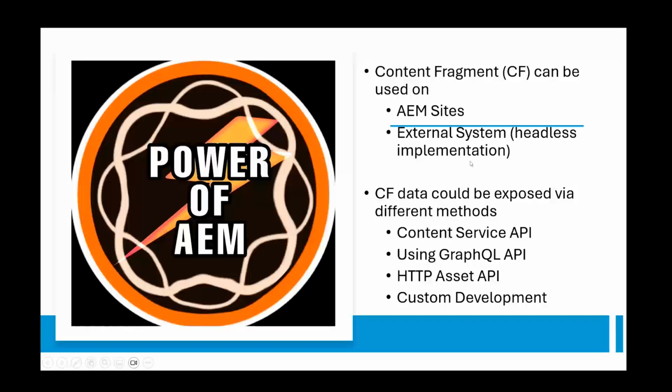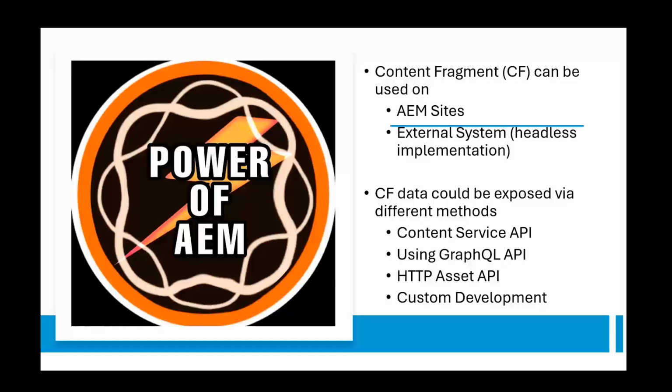In case you are placing all the content on your AEM site and you want to repurpose the same content or share it with the external system, in that case, you can think of Content Service API. Content Service API will be helpful, but that is an out of the box feature where we are exposing all the content.